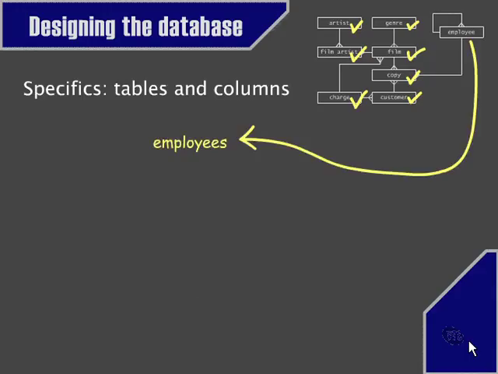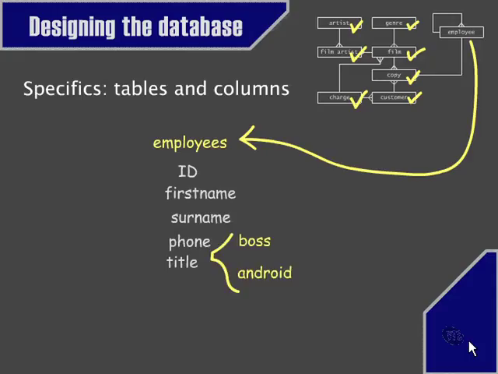And here's the employees. Here's our ID column, again a primary key. Some personal information about the employees. And a title column. This title indicates whether they are a boss or an employee.